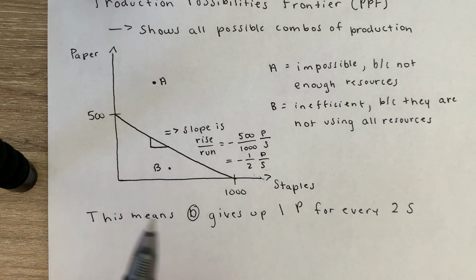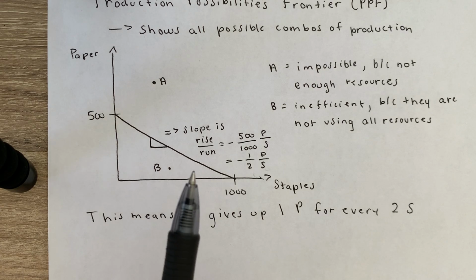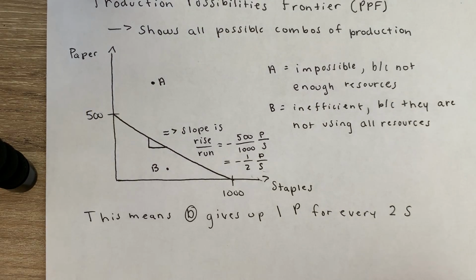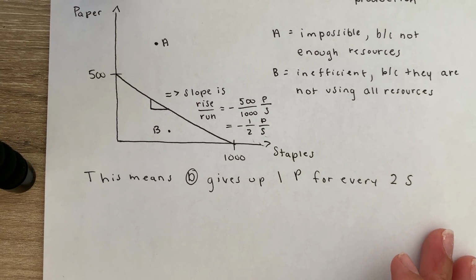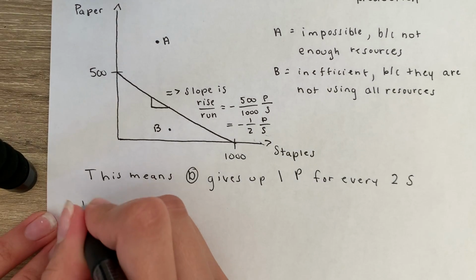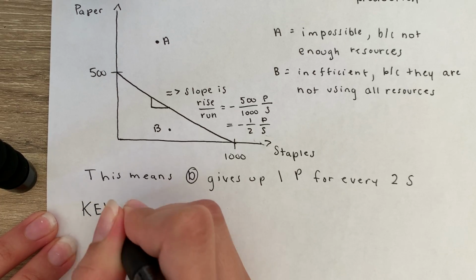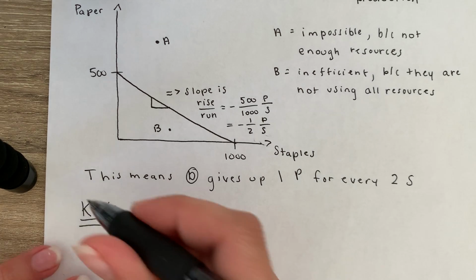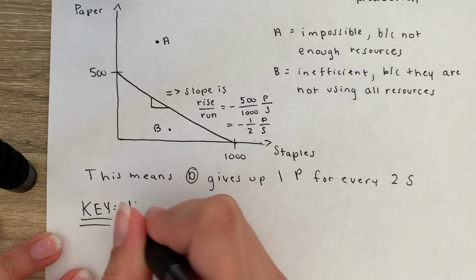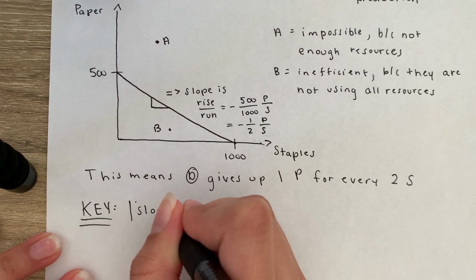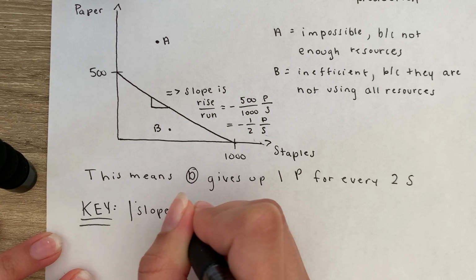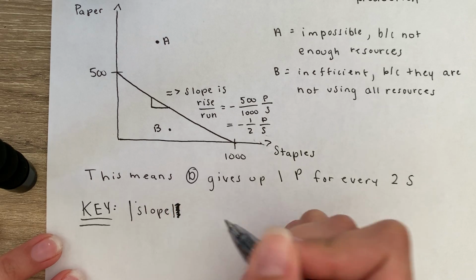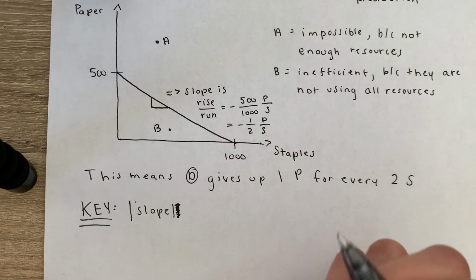So the most important thing about the slope thus far is that you should know, this is the key. You're gonna need this for a lot if not all of this chapter. So what you want to know is that the absolute value of the slope, oops, should not be double. I'm used to doing that from math 10A.